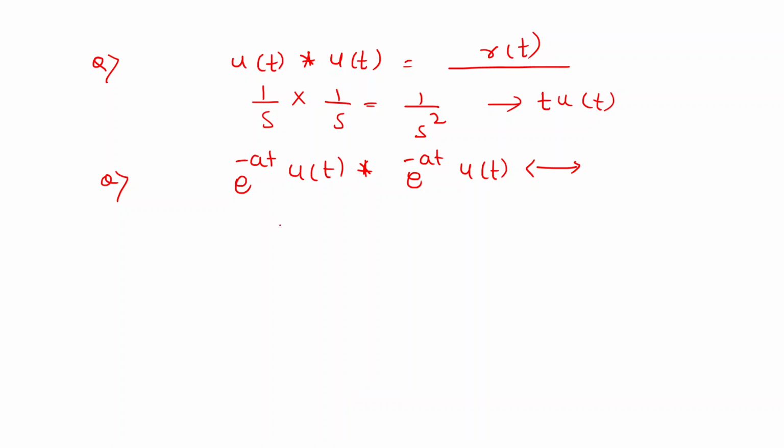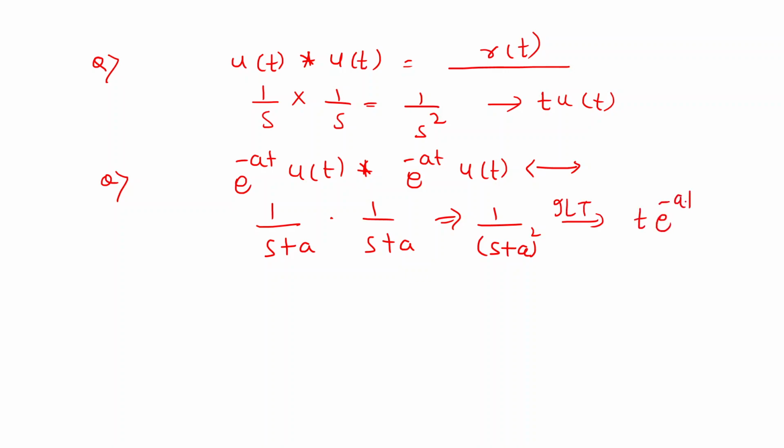I'll solve by the Laplace method. 1 by s plus a into 1 by s plus a becomes 1 by s plus a whole square. If you take the inverse Laplace transformation, it will be t times e to the power minus a t, u of t, right, sir?